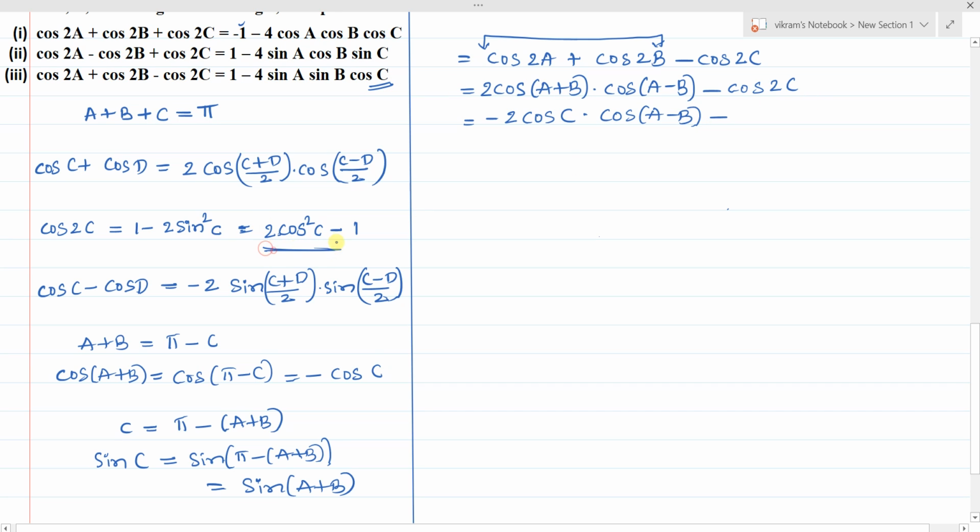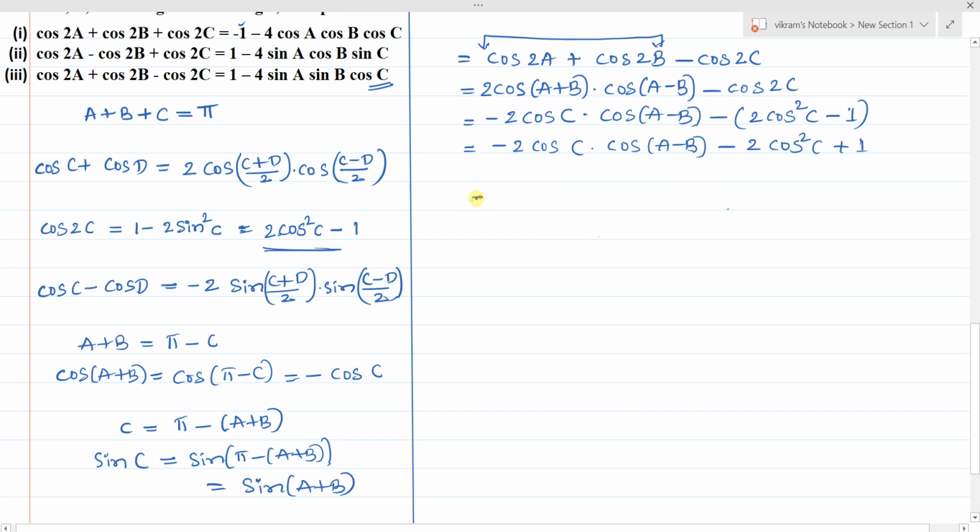The best formula to use over here for cos 2c is 2 cos square c minus 1. From this one we can write 2 cos c into cos of a minus b minus 2 cos square c plus 1.